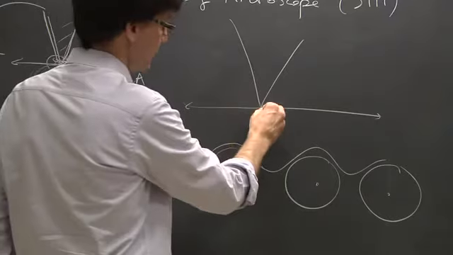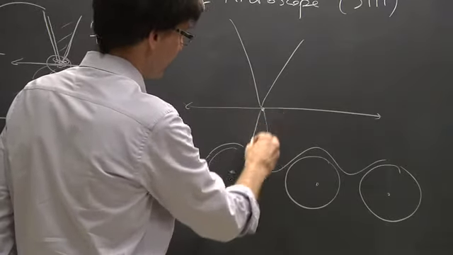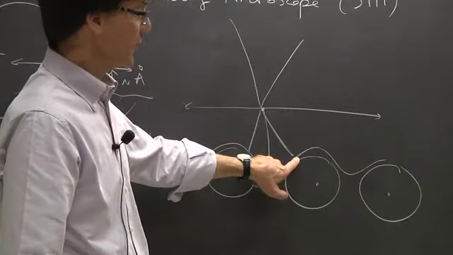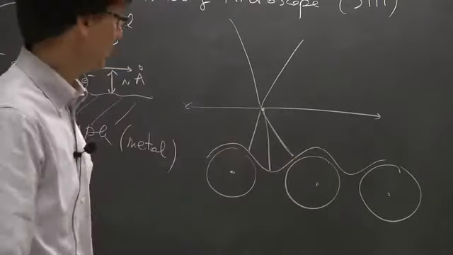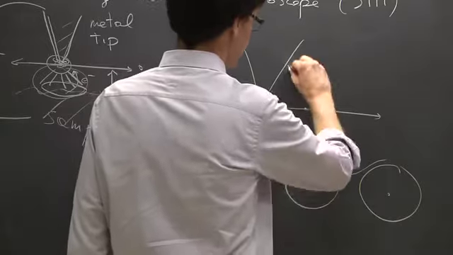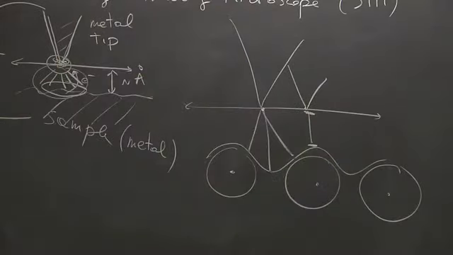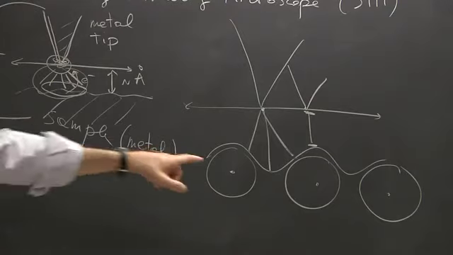If you're here, you will have current flowing from points located here, here, and here, so at a given distance from the sample. If your tip is here, the distance, the barrier, will be much shorter. So your current will be exponentially higher than it was when you were here.